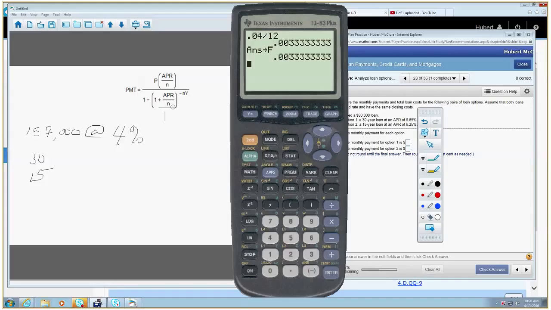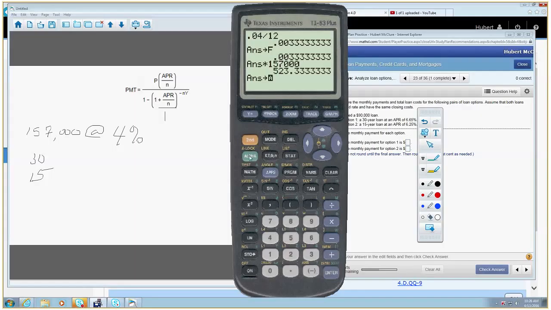I think they're trying to tell you that if you were punching it in a calculator, you would have to put parentheses around that denominator, like I do with the fraction part. Okay, that's my alpha fraction, so I got that. Multiply that by 157,000, and that's my numerator.